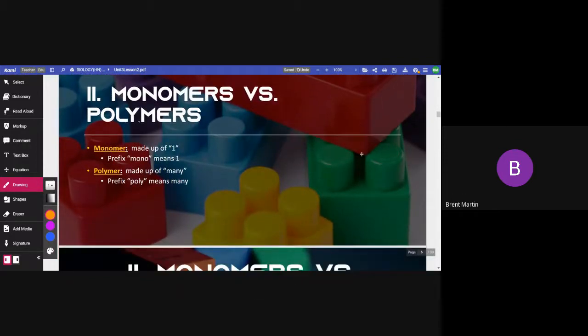All right, you ever built a Lego house before? Anybody ever built a Lego castle, something like that? Each Lego, if I just have one Lego, that would be a monomer. So every block is a monomer. If I had a whole castle, that would be a polymer. Remember that mono is made up of one and a polymer is made up of many.